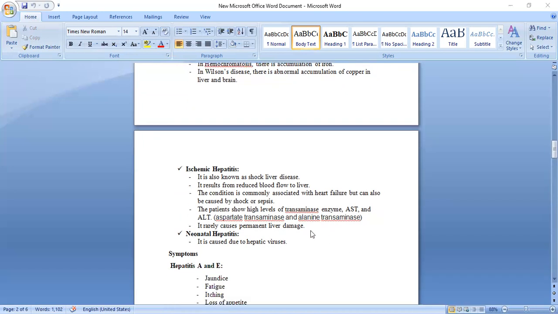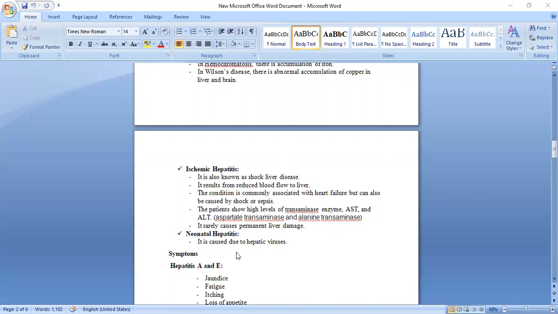Okay. Now neonatal hepatitis is caused due to hepatic viruses. If the virus affects the baby during birth, that is called neonatal hepatitis. We know neonatal jaundice also, we studied that one. Like that, it is due to the virus.